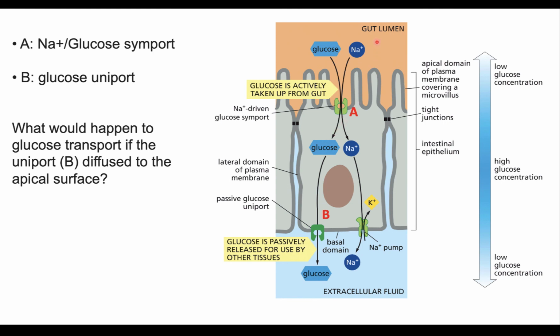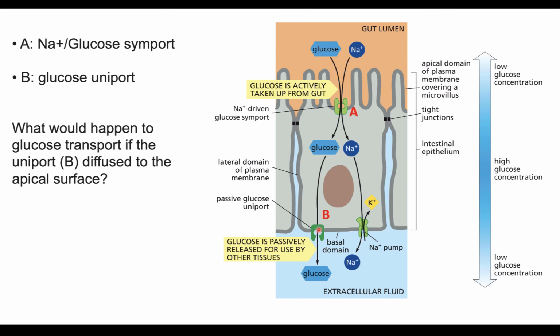So it is necessary to maintain a low concentration of sodium within the cell to allow for directional transport of glucose at the apical surface. Ultimately, the energy for import of glucose at the apical surface is due to the hydrolysis of ATP at the sodium-potassium pump.